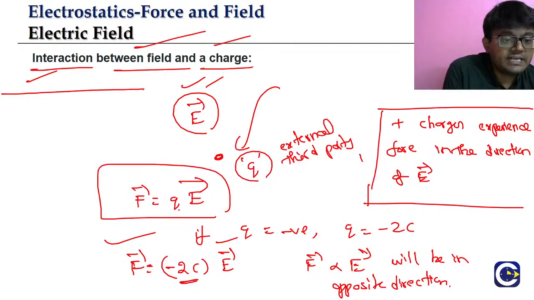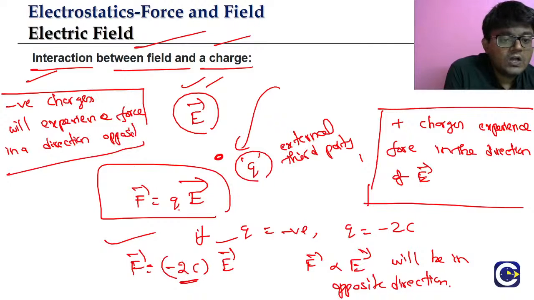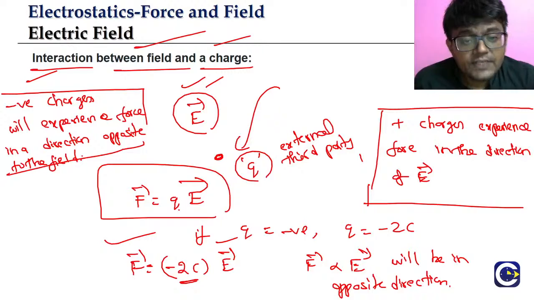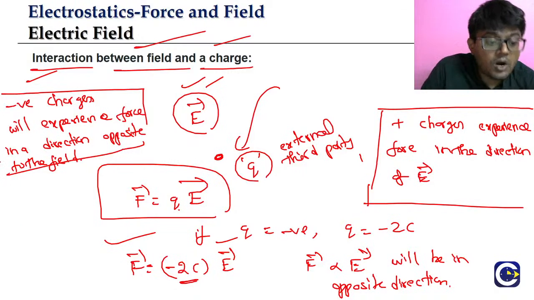The negative charges will experience force in a direction opposite to the field. The positive charges will experience a force in the direction of the electric field. Negative charges will experience a force in a direction opposite to electric field.